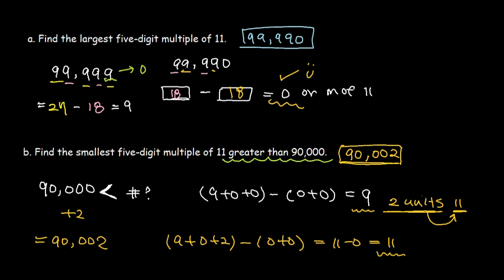You automatically should think, hey, there's a remainder of 9, which means that if I add 2 units to it, that's going to make this equation equal 11, which is what we need. A switch should flick in your mind to tell you that this 0 should be replaced by a 2, because we're looking for the smallest number.